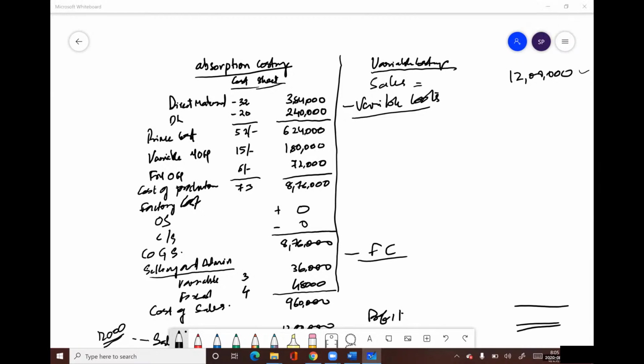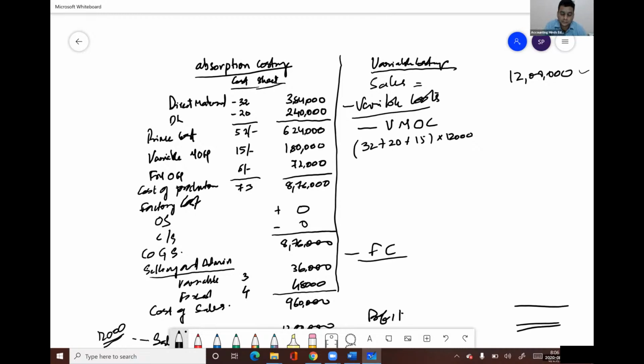You are absolutely correct. But I will take variable manufacturing costs. How much are variable manufacturing costs? 32 plus 20 plus 15. How much is that? 67, sir. 67 into 12,000.